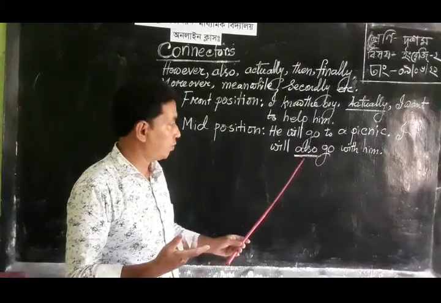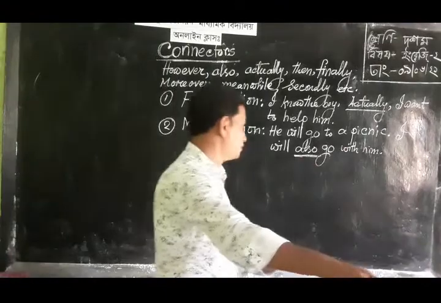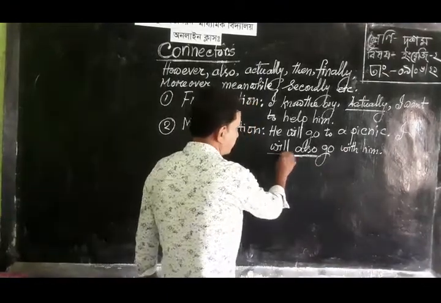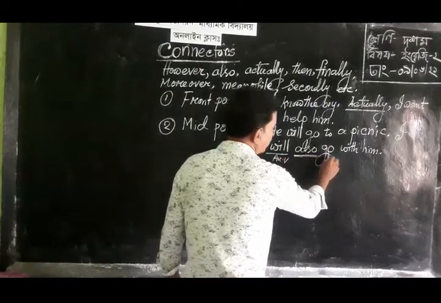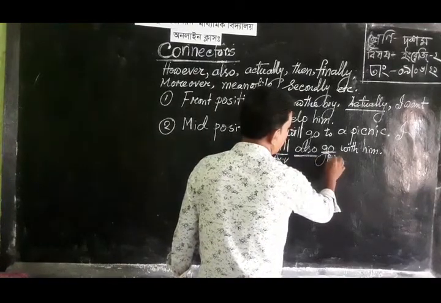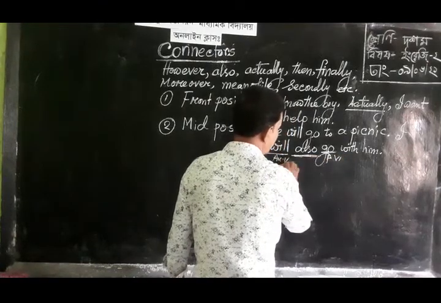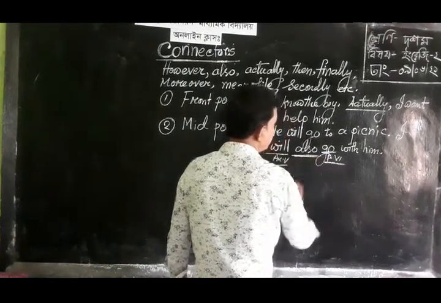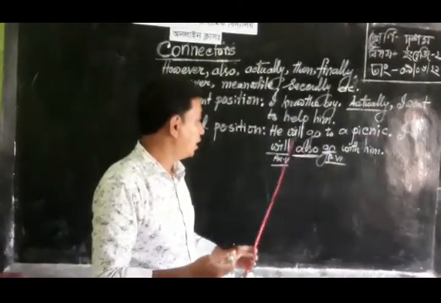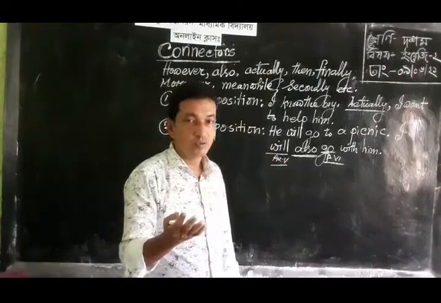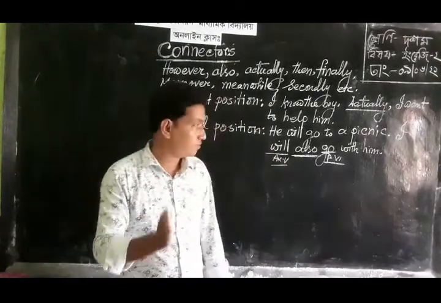Learner, look at the underlined word. "Also" sits between the auxiliary verb and the principal verb. In the middle of the auxiliary verb and the principal verb, "also" is a connector. "Also" may sit in the middle of two verbs: one is the auxiliary verb and two is the principal verb.